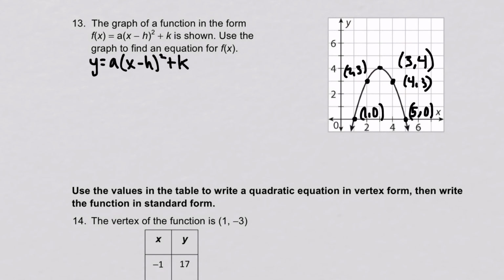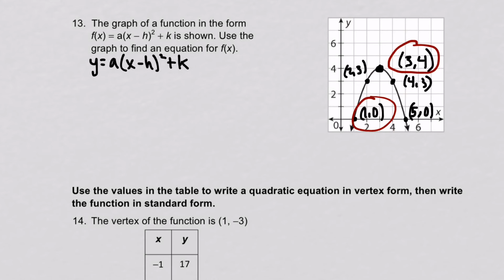All you want is to find one other point. You want the vertex for sure. It has to be that one right there. But you can use another one, and you have 4 options to choose from. Any one of those 4 will do. I'm going to use that one because it seems to be the easiest, with the smallest numbers. So those are the 2 points you care about.